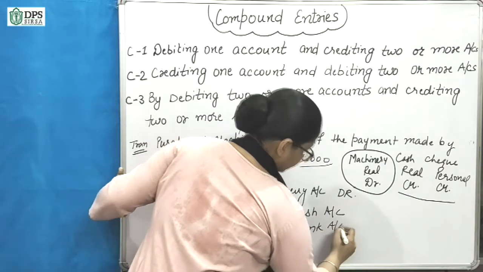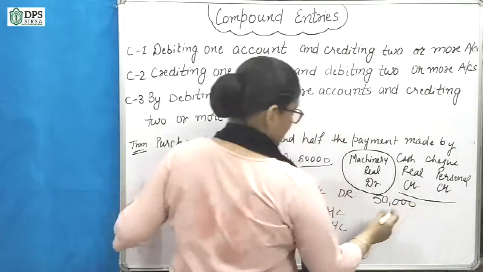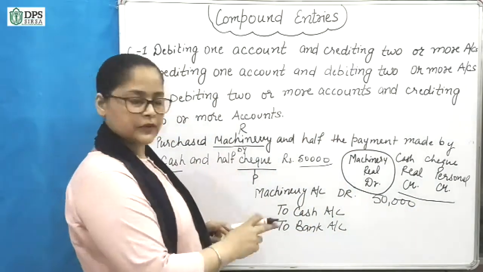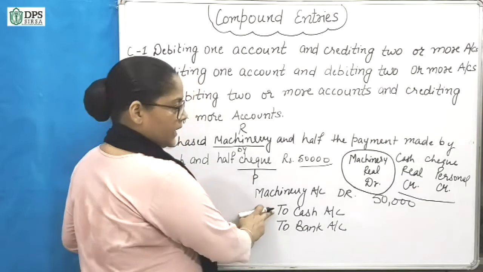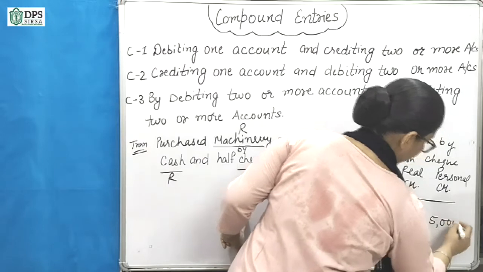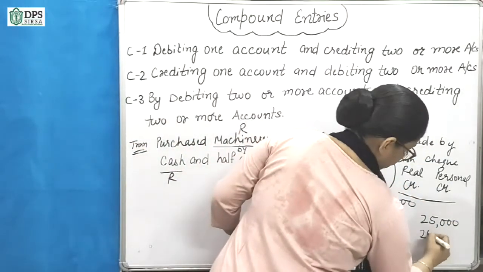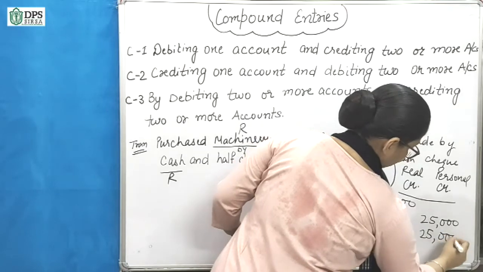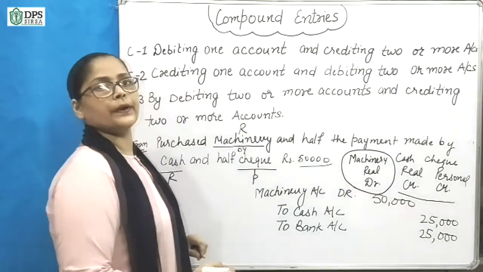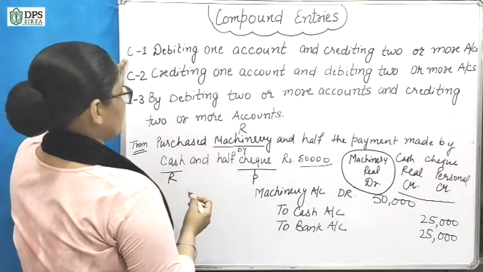So we will write here the amount. The amount will be 50,000 here because the value of the machinery is 50,000 and we are paying cash 25,000. Half the amount is being paid by cash and half by check. So in bank we will write 25,000. So this is the case 1.